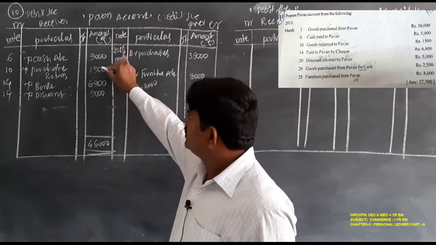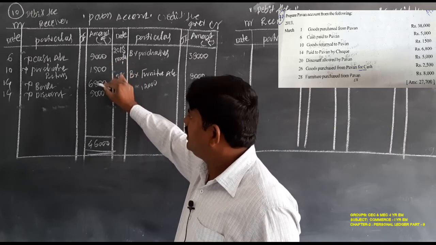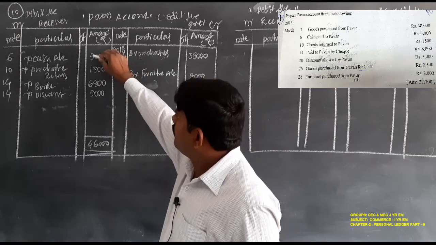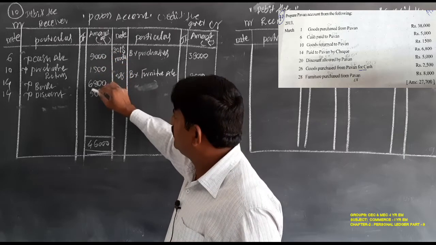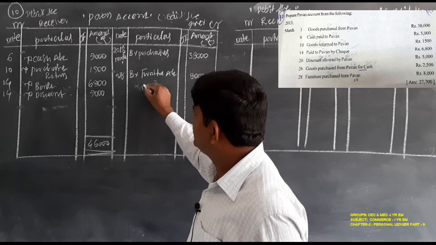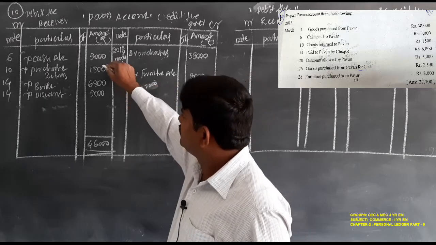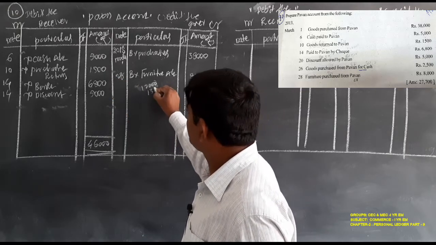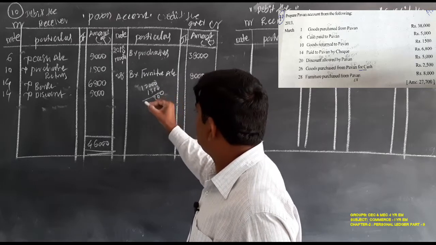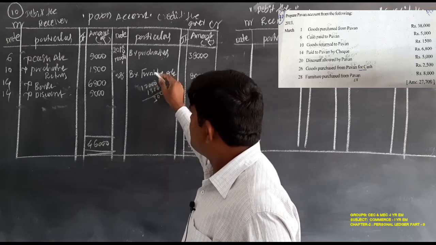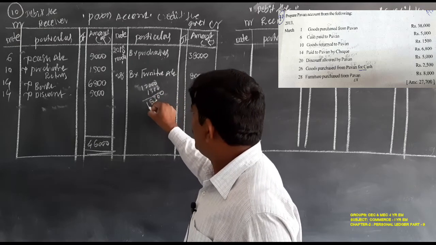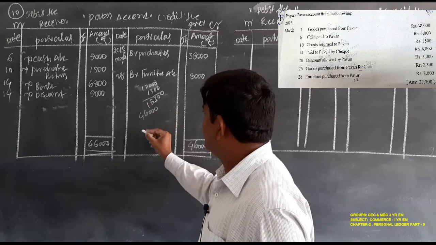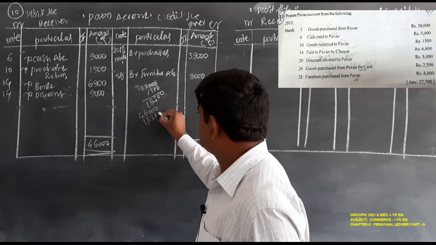5,000, 6,000, 5, 5, 6, 12, 12,000 rupees. Next, 5, 13, okay, 6, 6, 12, 12 plus 5, 17,000. 500 plus 800, 1300. 0, 0, 3, 18, 1, 18,300 rupees. 46,000 minus 18,300 rupees.